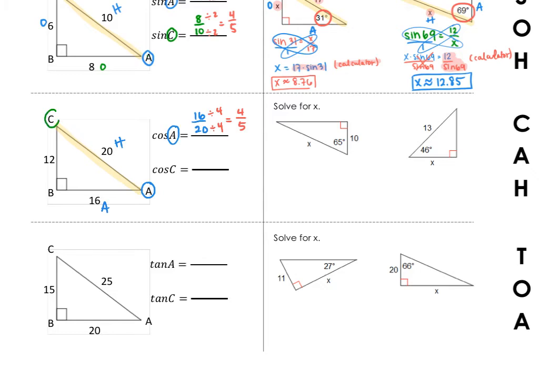Switching reference angles, now using C as our reference angle, the adjacent side to C is going to be 12, and the hypotenuse is 20. So it's going to be 12 over 20. Divide the top and the bottom by 4, and you should get 3 over 5. So there are the ratios.